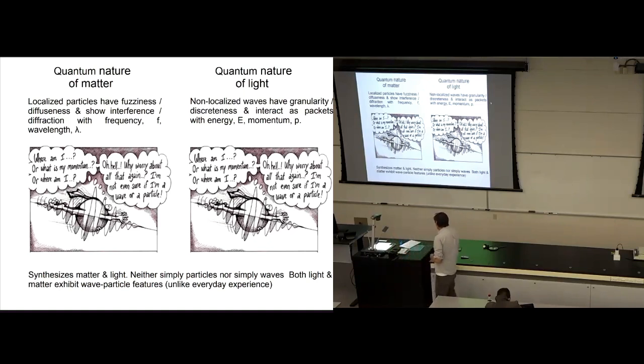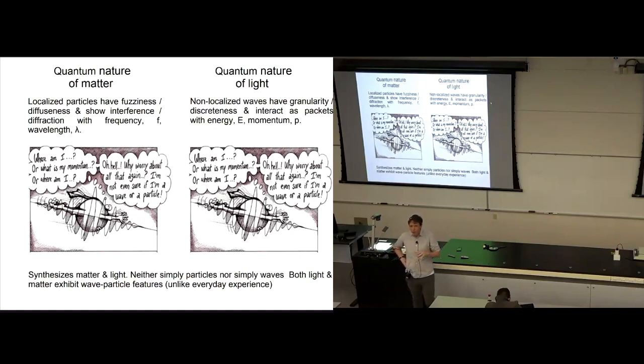So the important point here is that light, for example, is no longer simply a wave. We can no longer imagine light as simply like an ocean wave or a sound wave from our everyday world.